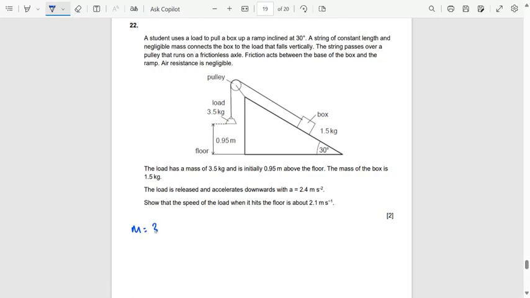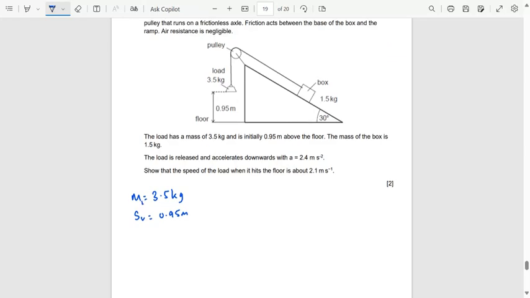I'm going to write down what we know just as we read through it. It's initially at a height of 0.5 meters above the floor. The mass of the box is 1.5 kilograms.